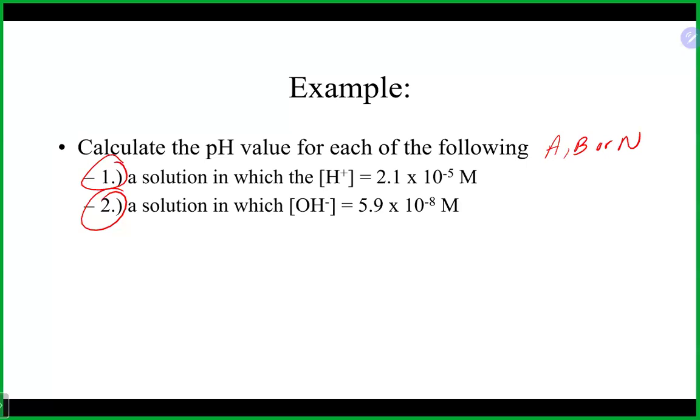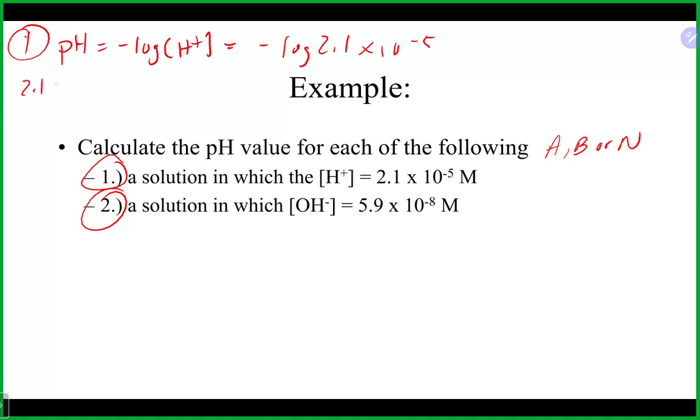Let's take a look. On the first one, we have the H plus concentration. Remember, that is what we need to calculate the pH. So again, pH is negative log of the H plus, which means we could go right in there: negative log of 2.1 times 10 to the minus 5. With your non-display calculators, go 2.1, exponent button, negative button, 5.